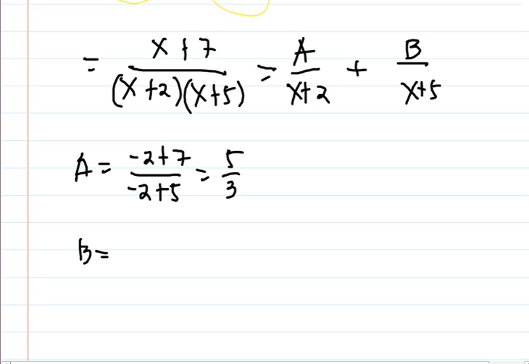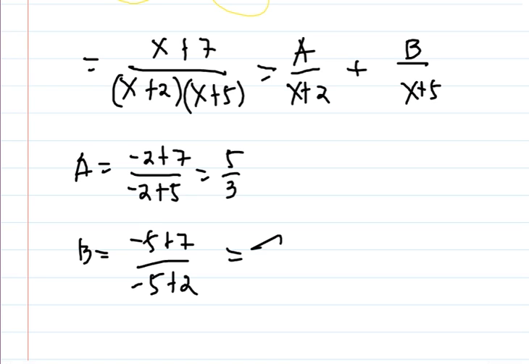So for letter B, this will be negative 5 plus 7 all over negative 5 plus 2.